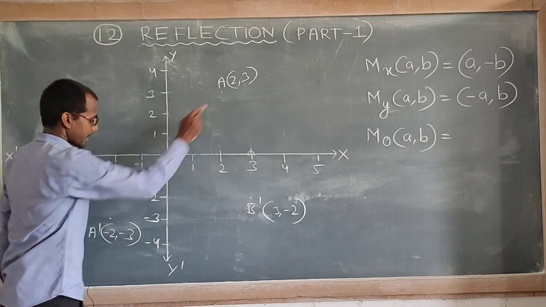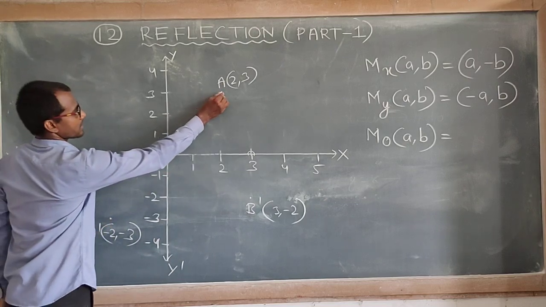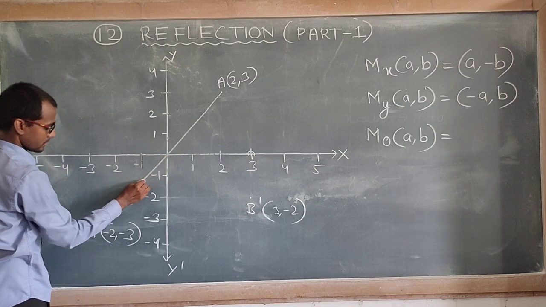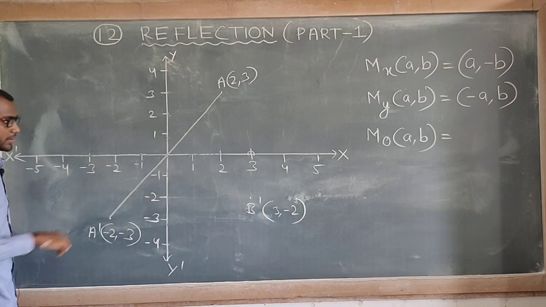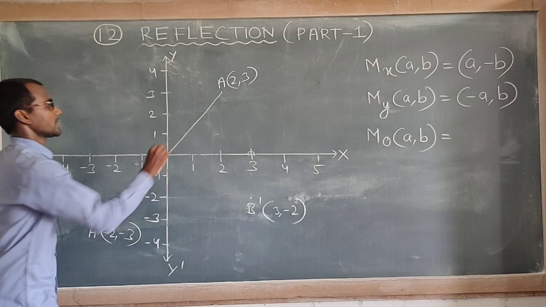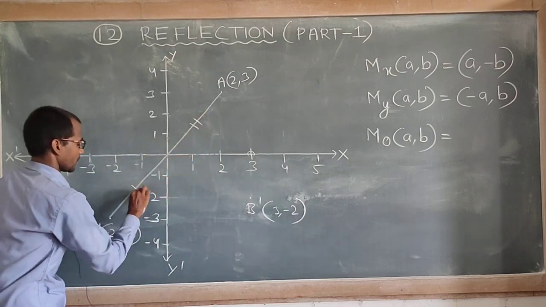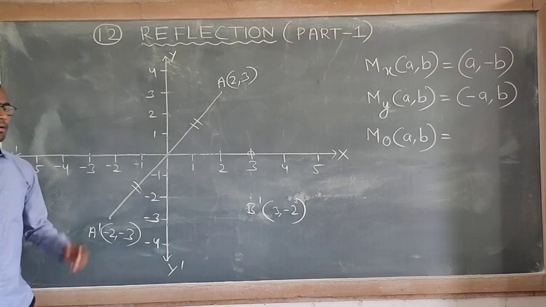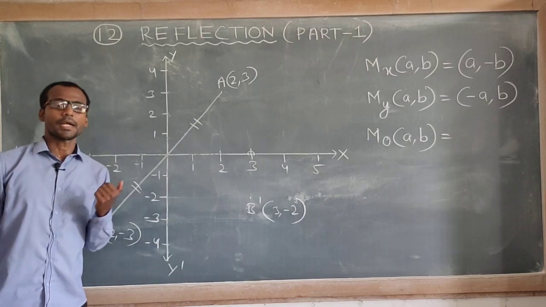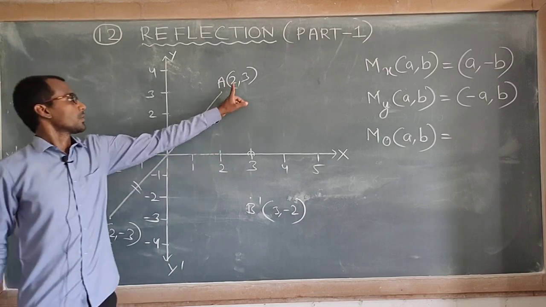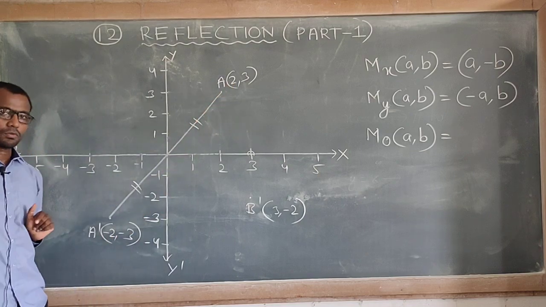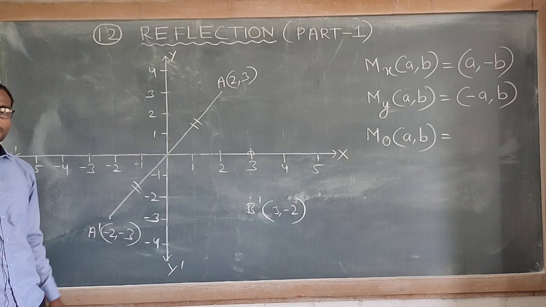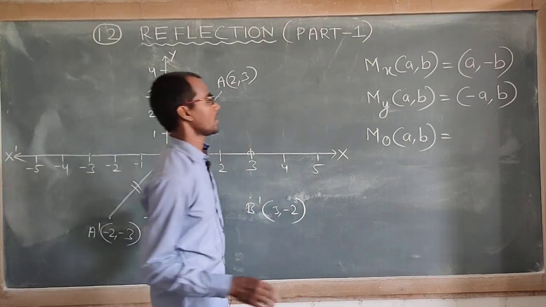If you join A and A dash, it will pass through the origin, and this distance will be equal to this distance, obeying the laws of reflection. Now see, what change did we get in the coordinates? 2 became -2, means the x coordinate is changing. 3 became -3, means the y coordinate is also changing.